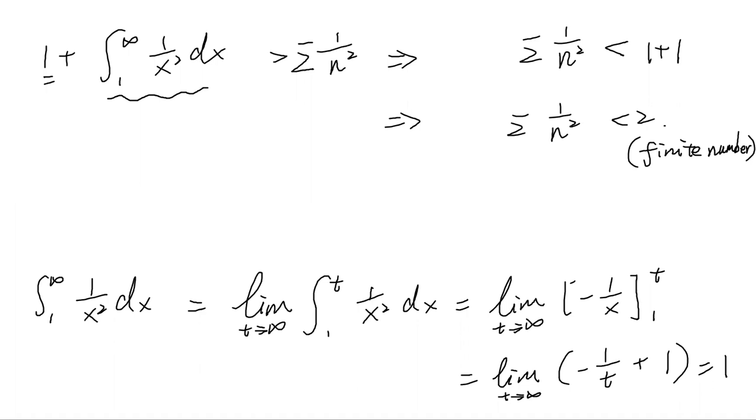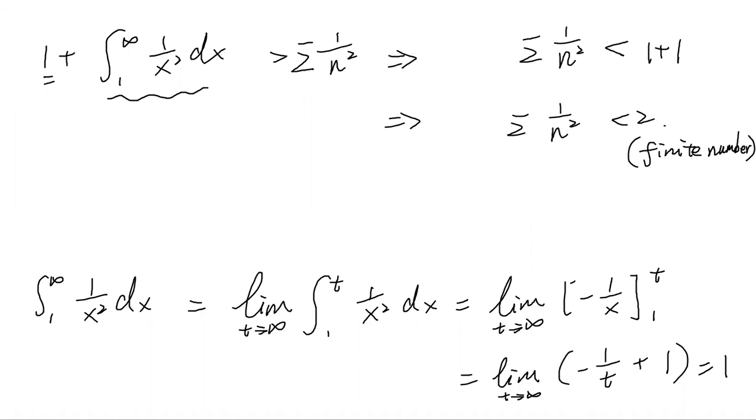Which part? At the very beginning, when you have the first term outside of the integral, where it's 1 plus the integral from 1 to infinity of 1 over x squared dx. I understand that the 1 is the area of the first rectangle, but would you be able to pull out the first term of each series that you do, regardless? Is that something you do all the time, or is it a special case for this integral we're working with?